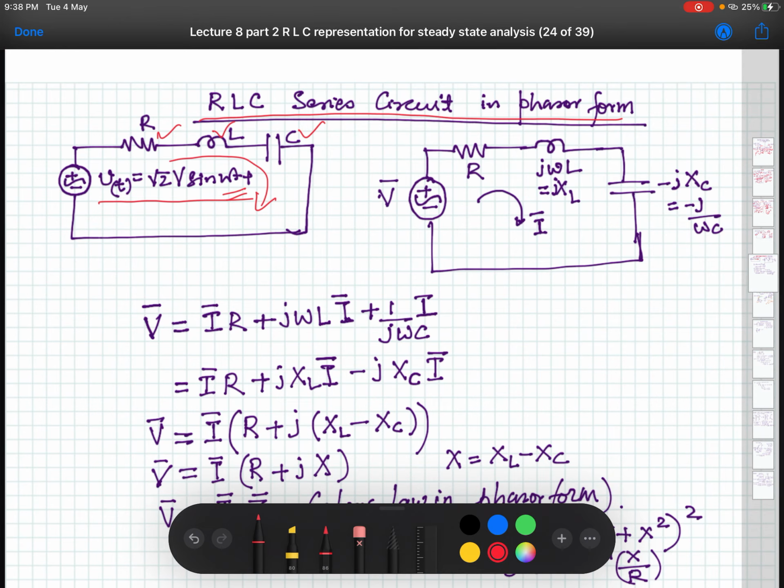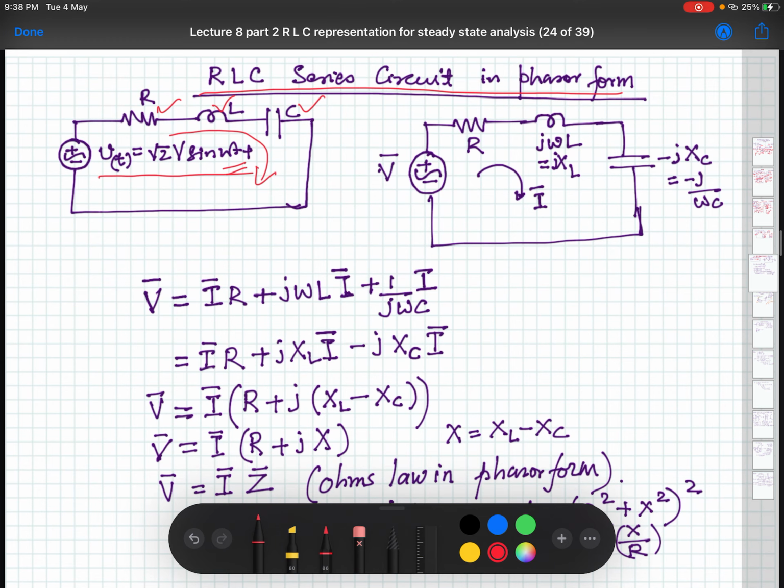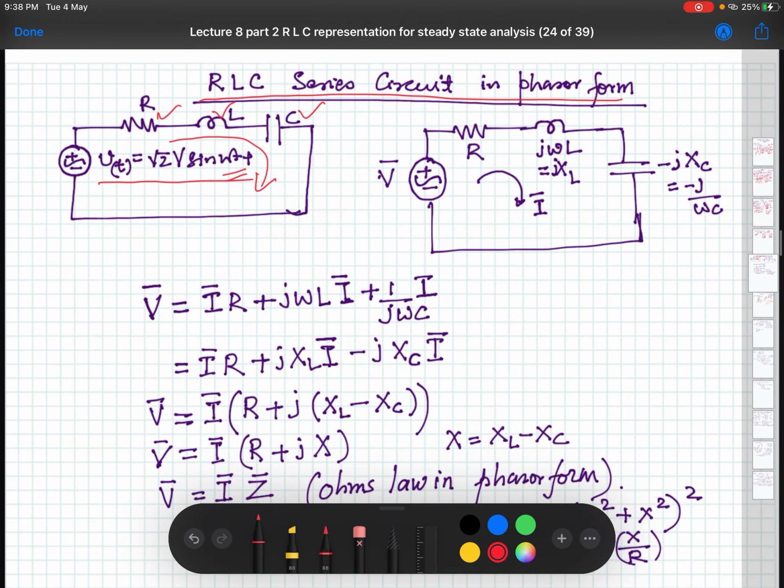But what I am interested here to advance, or you can say advertise, is why not do it in phasor form. In phasor form, this representation becomes quite elegant.